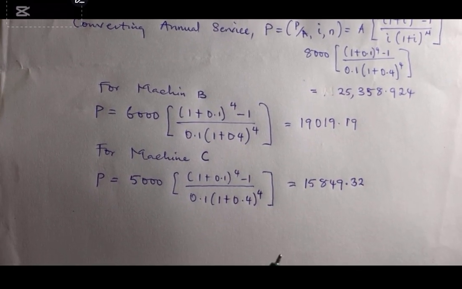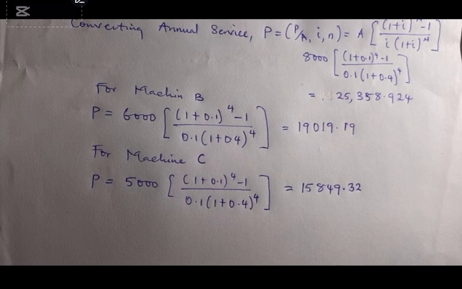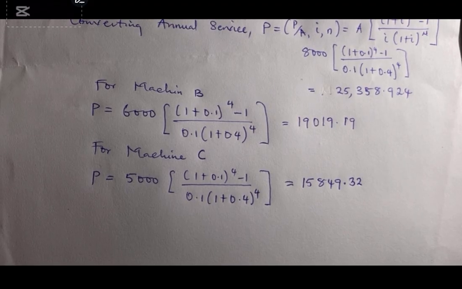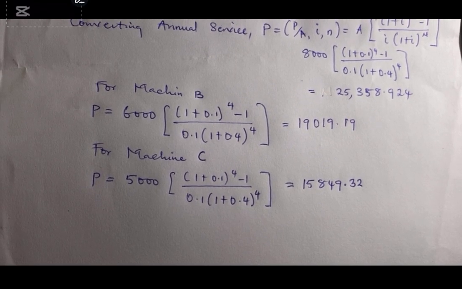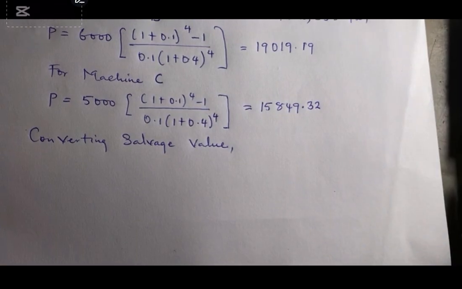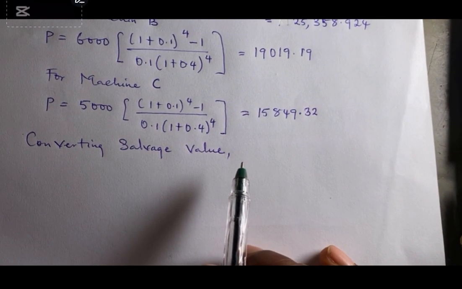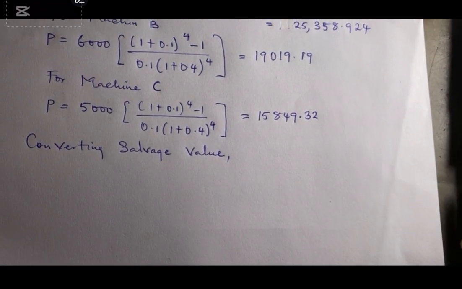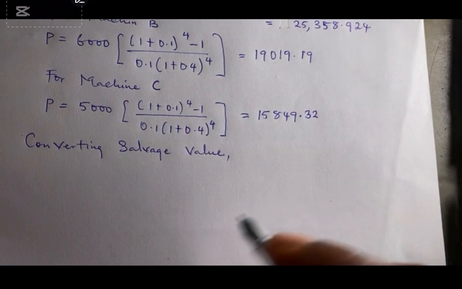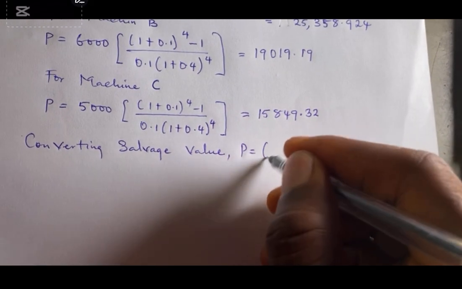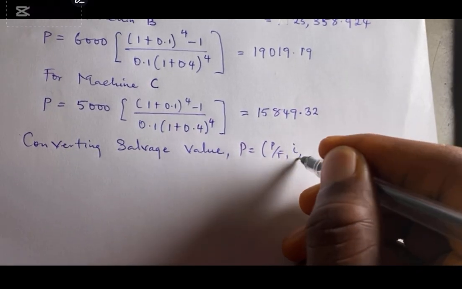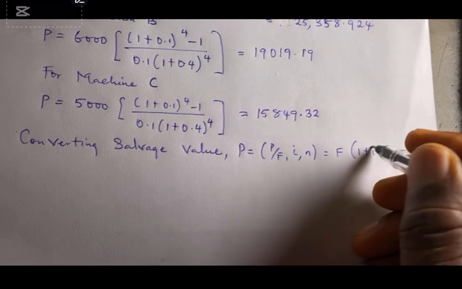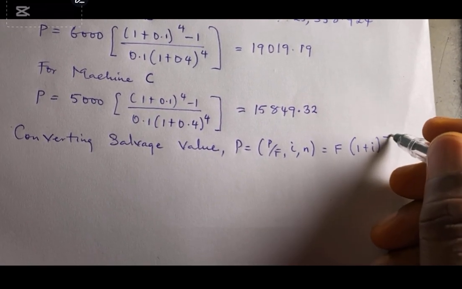So now you're done converting the annual service, we are going to convert the salvage values for each of the machines to their present form. Salvage value is the money you get at the end of the service life, so it is a future amount. In converting the salvage value, we are going to use the relationship that takes future money to present worth, and that is the single payment present worth factor, P over F, i, n, and the formula is 1 plus i raised to power minus n.